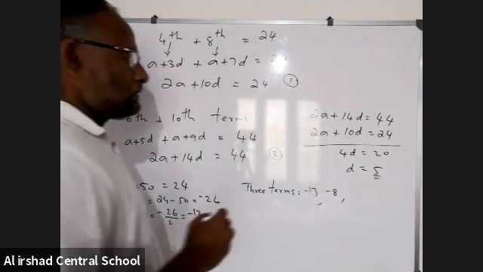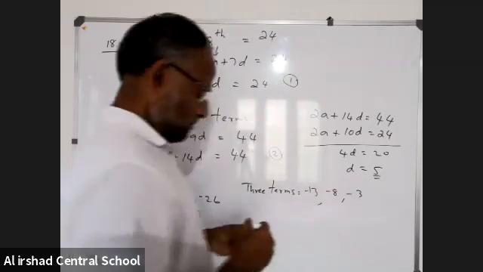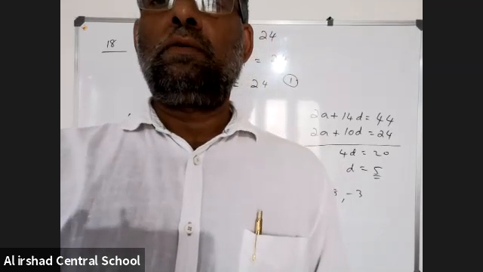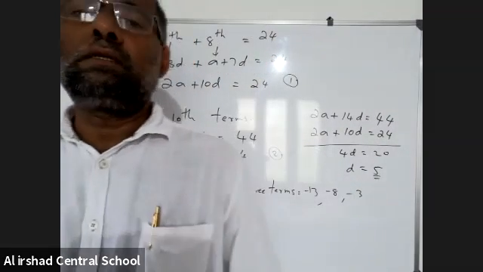Minus 8 plus 5, that is minus 3. Okay, so Ria correct, then Rahana correct. Fatima: minus 13, minus 8, minus 3. Okay, correct, right, because D is 5.